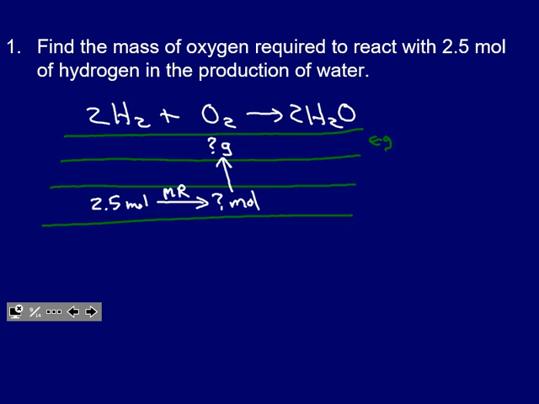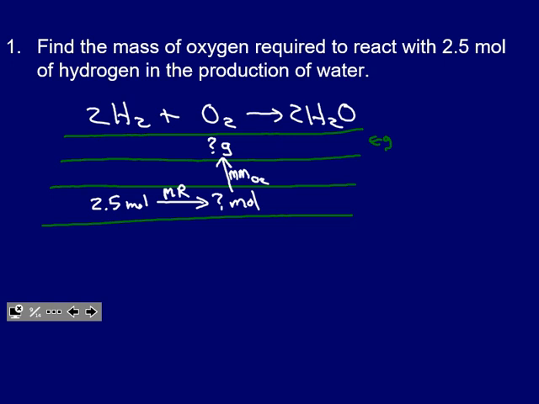Normally I don't write the number necessarily in there. You could, but I'm just going to put over here molar mass of O2, because that's what the conversion factor is. When I solve problems, I know I've got to do the mole ratio first and then the molar mass.